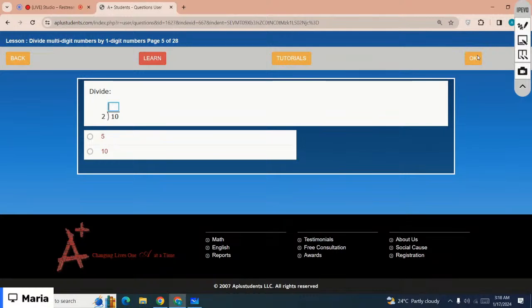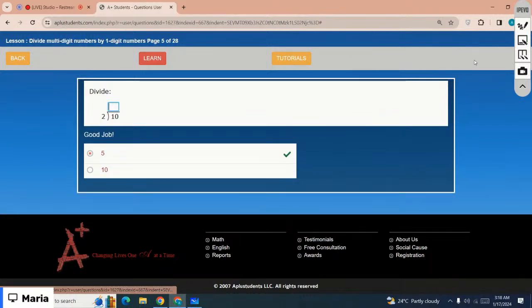Yes, that is 5. You simply need to count a table of 2 until 10. So 2 times 5 is 10. Very good if you are using your notebook, because I think no one is using.